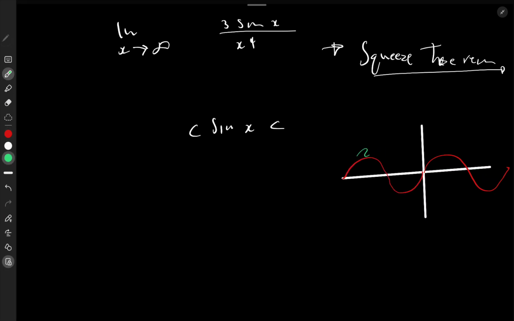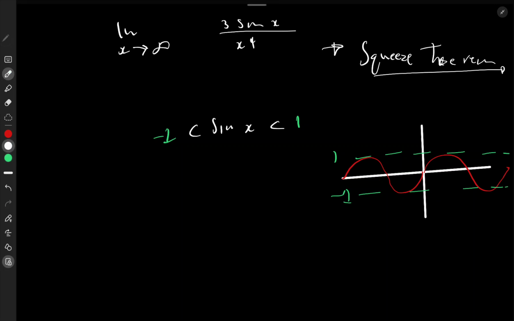We also know that this function is enclosed, or it's between two functions, the constant functions +1 and -1. So we can say that this function is less than or equal to 1 and also greater than or equal to -1. We got that from the graph that we just plotted, which we all know how to do.